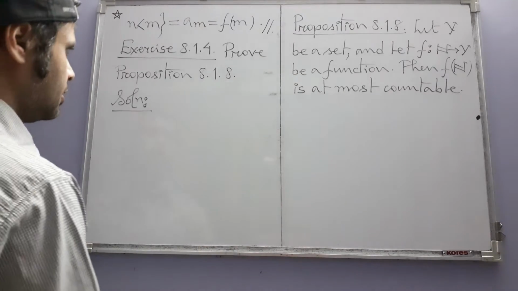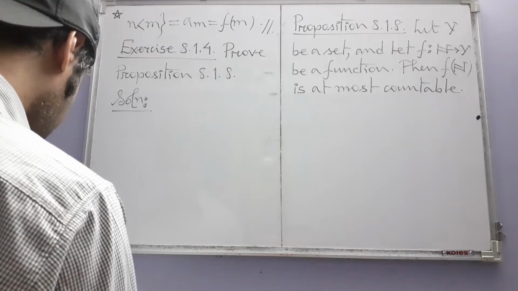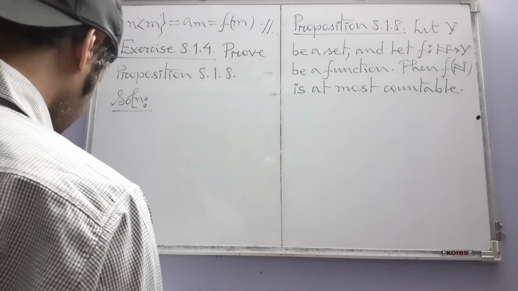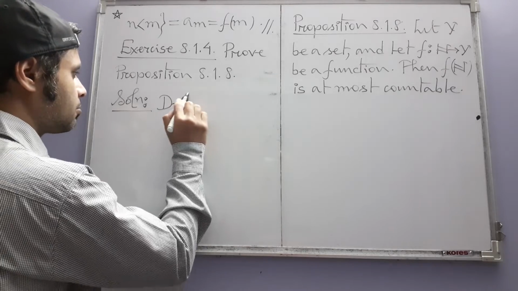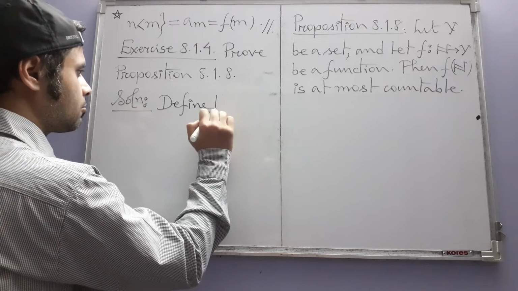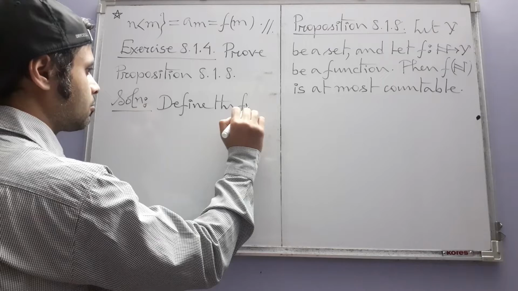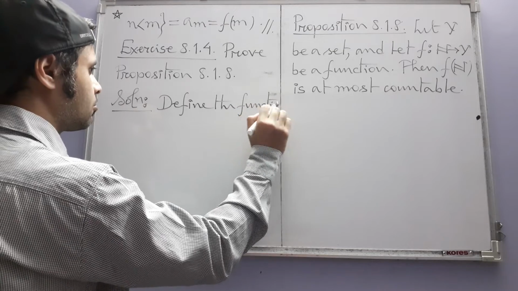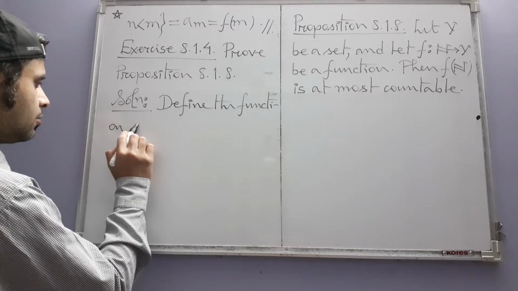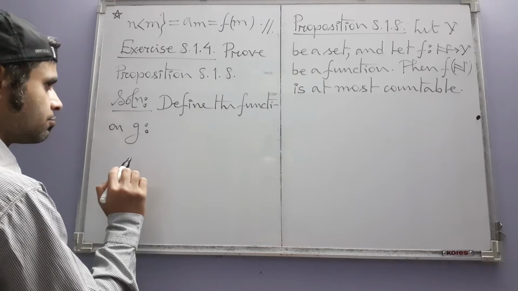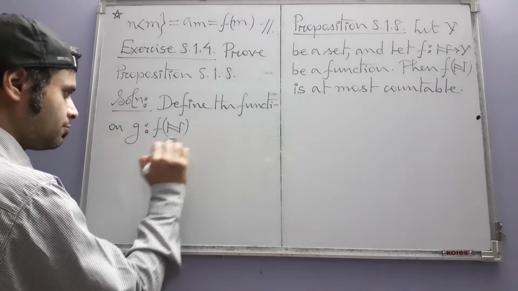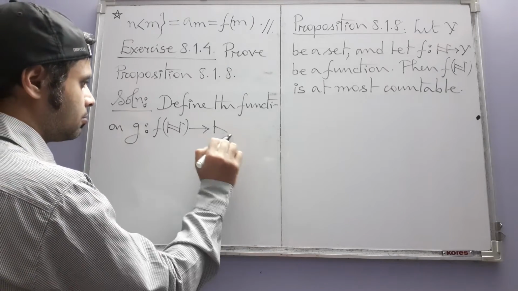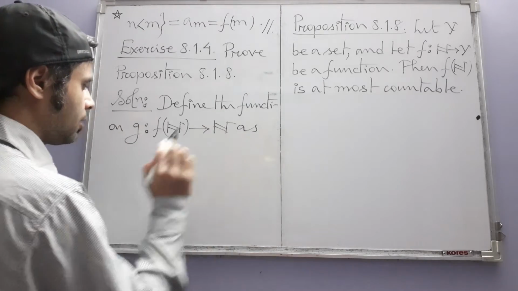So let us now see. The solution starts by defining another function like this. Define the function g from f of n into n as follows.